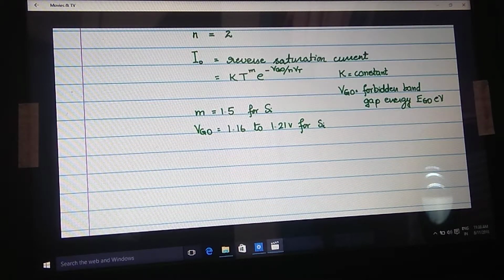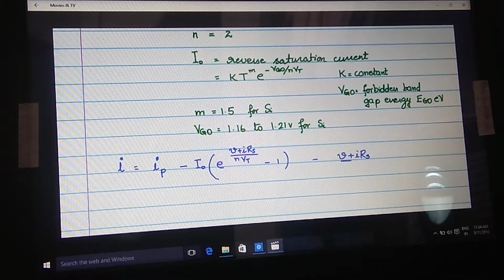The entire model of the photovoltaic terminal current can now be written as IP, the photocurrent directly proportional to the incident solar radiation, minus I naught e to the power of V, the terminal voltage, plus IRS by nVT, minus the current flowing through the shunt resistance, which is given like this.